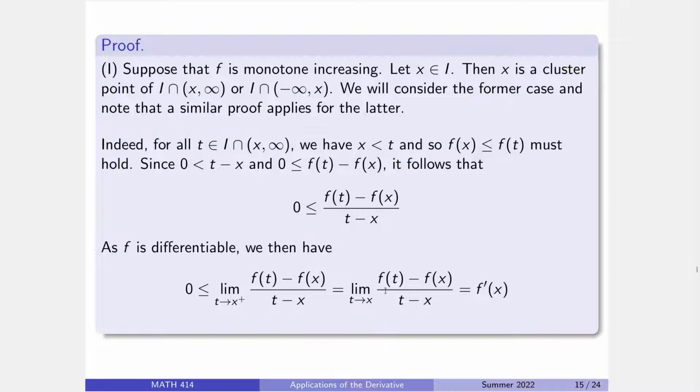And by hypothesis, we know this limit exists, which means the limit coming in from the right exists. And since that's always greater than or equal to 0, that means the derivative must be greater than or equal to 0. And there we see sneaking that in. Good stuff. Cool. So if you're monotone increasing, your derivative has got to be nonnegative.